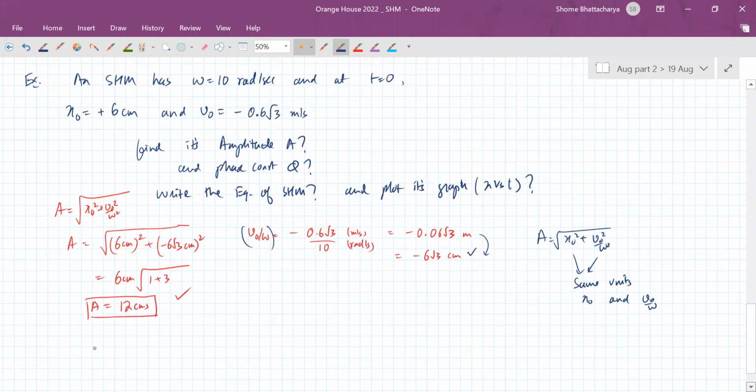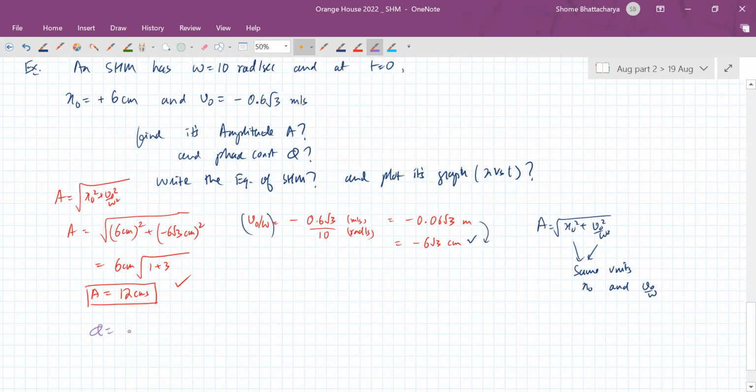Now for the phase constant, x naught is plus 6 centimeters and v naught by omega is minus 6 root 3 centimeters.